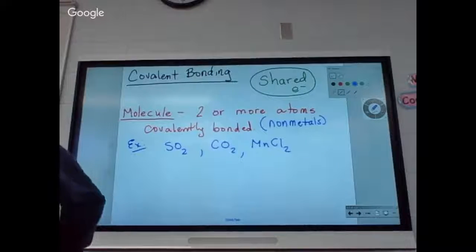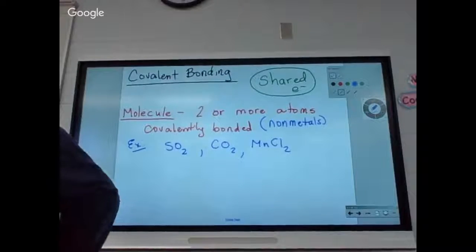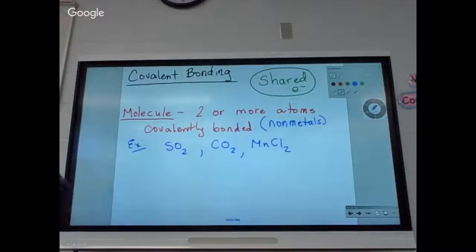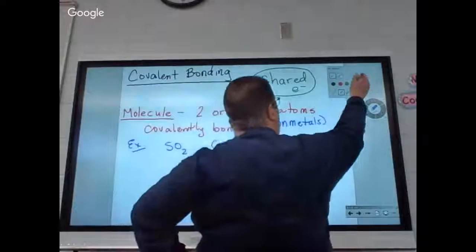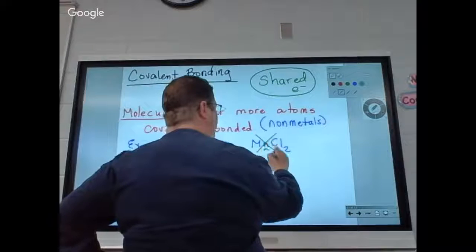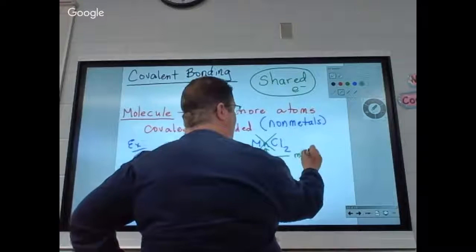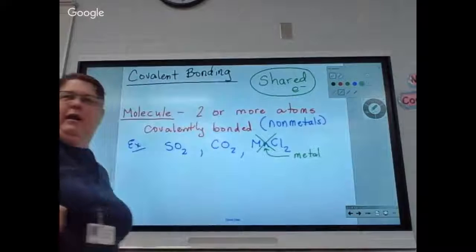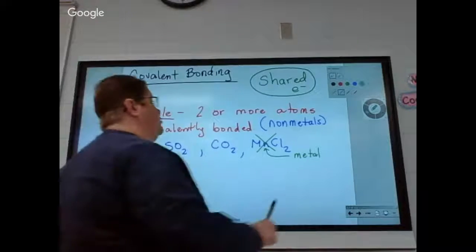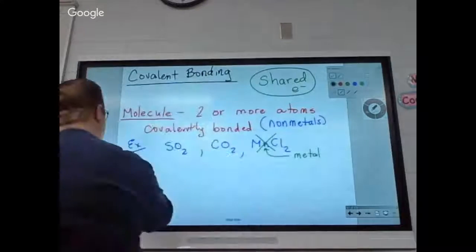One of those is not a molecule. How are you going to know which one is not a molecule? Has a metal in it. So who has a metal in it? That's right. You're supposed to be able to look up here at this point and go, that is not a molecule because that right there has a metal in it. Everybody okay with that? Yes? Okay. I'm going to assume you say yes to that. You mean it. All right.